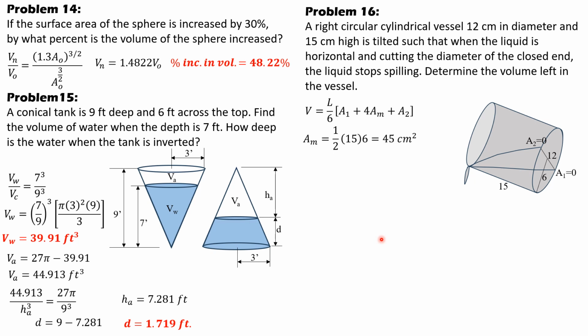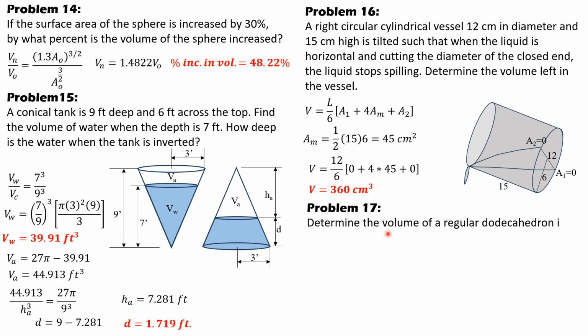And that is 45 square centimeters. So the volume can now be computed. Volume left is 12 over 6 times quantity 0 plus 4 times 45 plus 0. So volume left is 360 cubic centimeters.